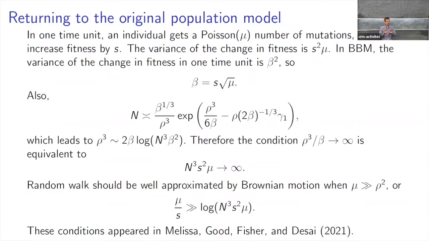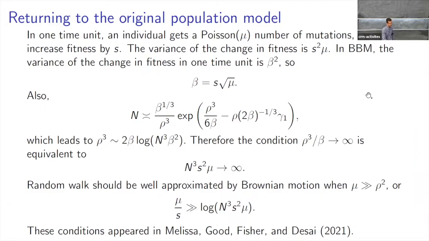So in the original population model, remember that individuals acquire mutations at times of a rate mu Poisson process. So in one time unit, each individual gets a Poisson mu number of mutations, and each mutation increases the individual's fitness by S. And so this tells us that the variance of the change in fitness in one time unit is given by S squared times mu.